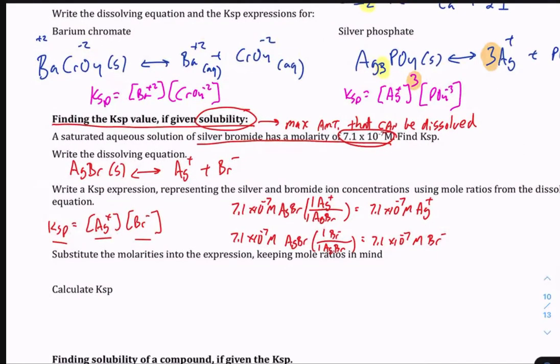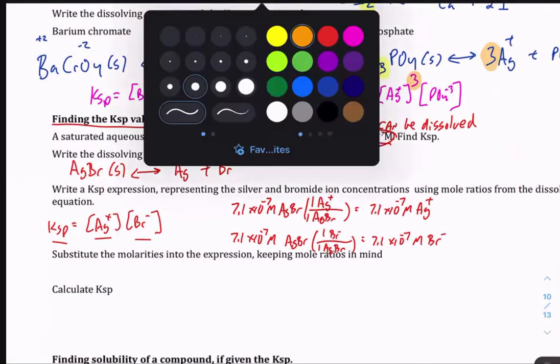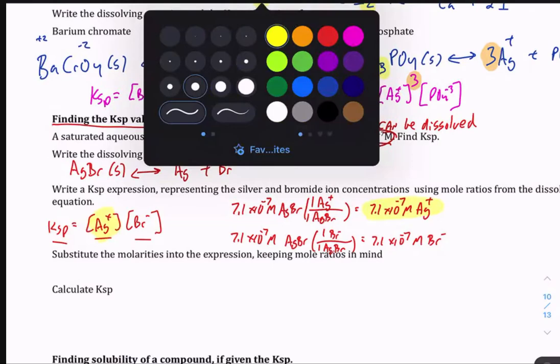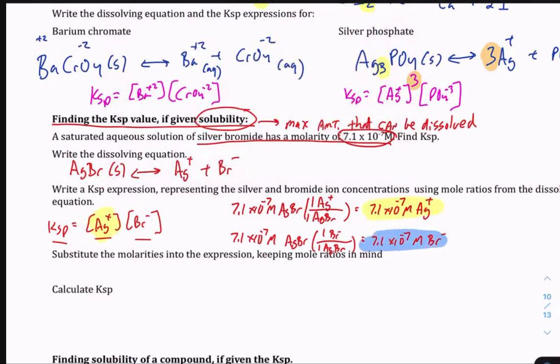We now have the concentration of both ions. So now we can plug them into our expression, and we could solve for the actual value of KSP, which will be 5.0 times 10 to the negative 13.